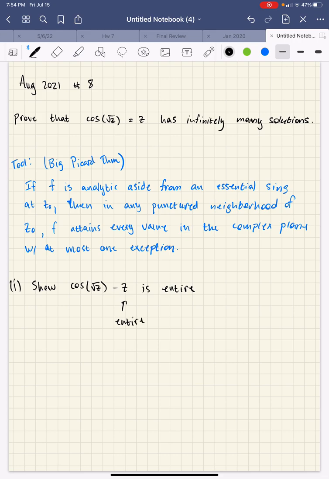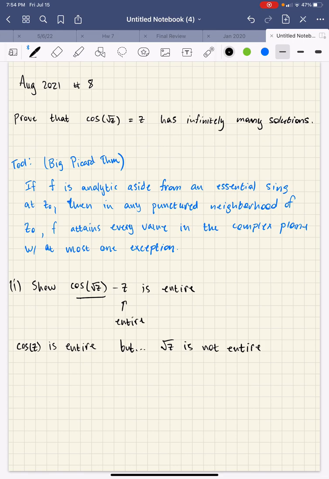That's no problem there. We also know cosine of z is entire. But, and this is an important but, root z is not entire. So our challenge here is to show that the composition cosine of square root of z is entire, and then this whole function will be.